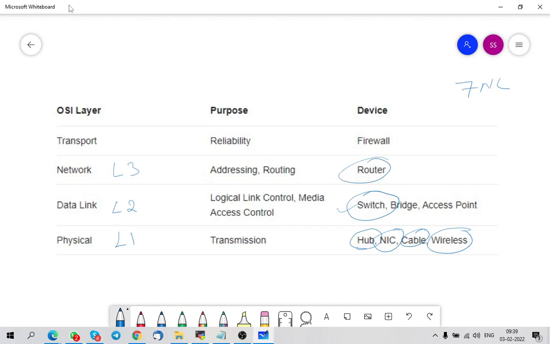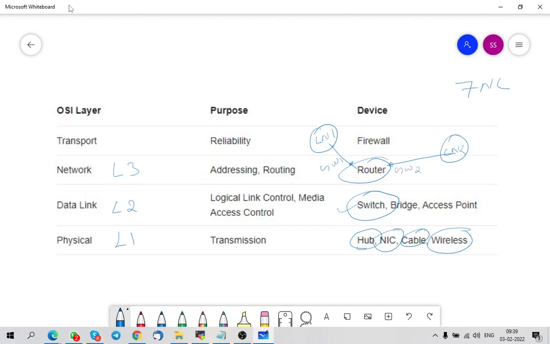A router is what is configured as a gateway. Assume that here there is a local network 1 and here is a local network 2. Then this router will be connecting both of the networks. We will configure this interface as gateway 1, and this interface as gateway 2.